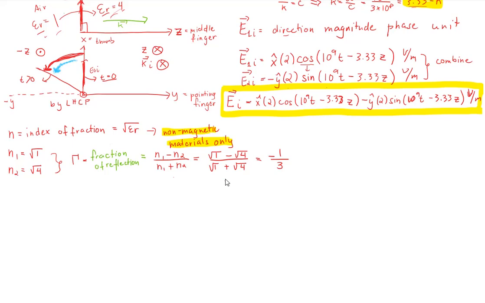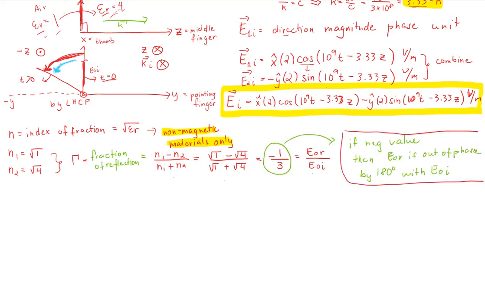Alright, so this is our gamma, remember? By the way, gamma is also equal to E naught of R over E naught of I. And that is what we're pretty much going to use to find our wave expression.